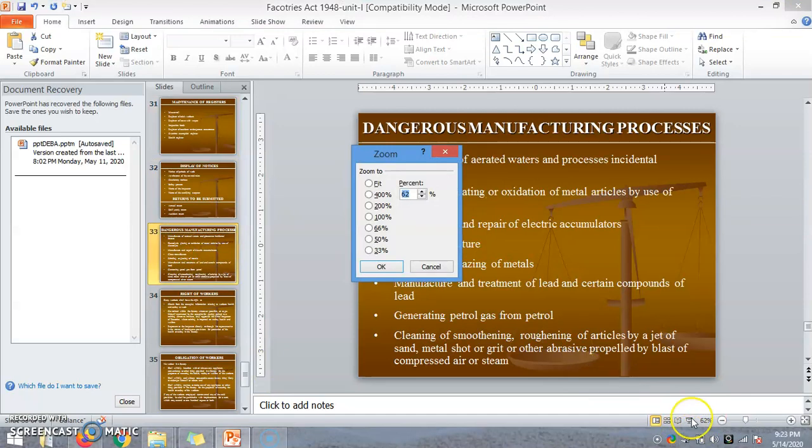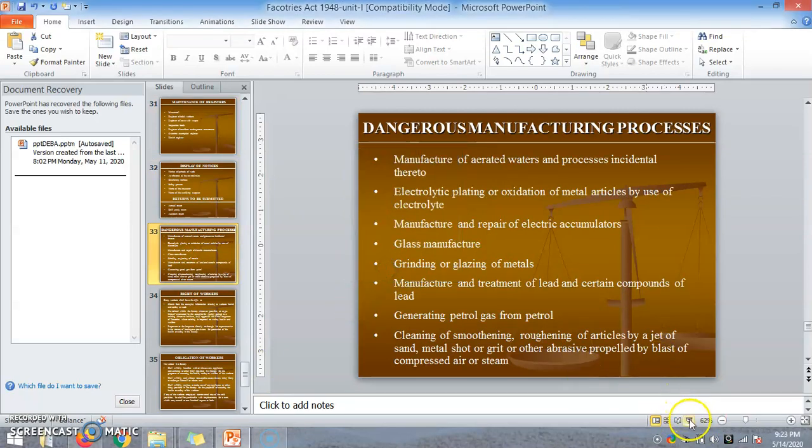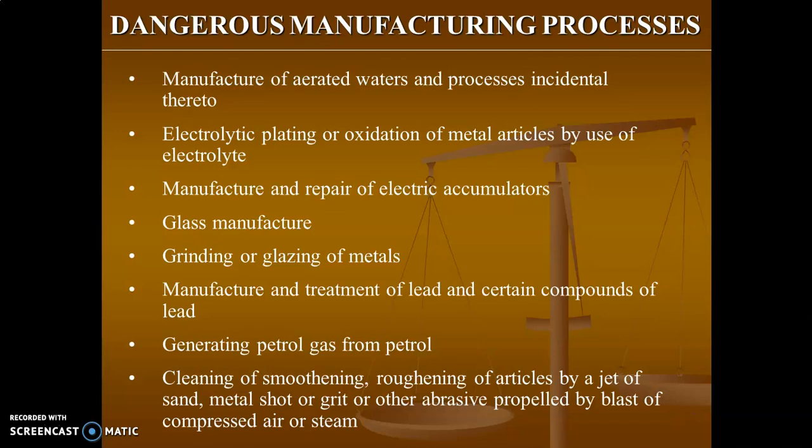Then here a list has been given regarding the dangerous manufacturing processes. These are the processes which they call dangerous manufacturing processes. In other terms, we can say hazardous processes, like gas manufacturing, manufacturing of metal articles, or petrol gas from petrol.